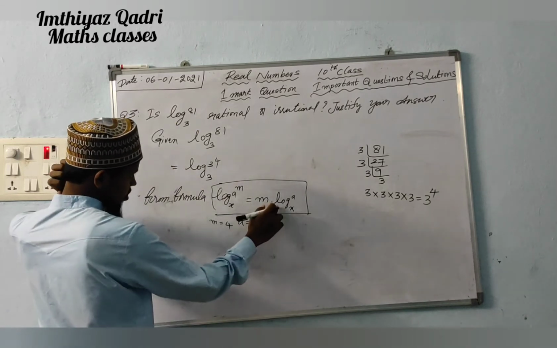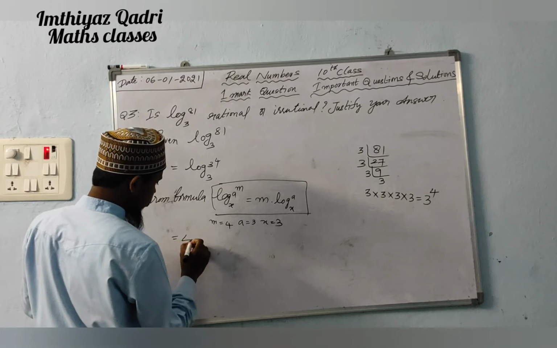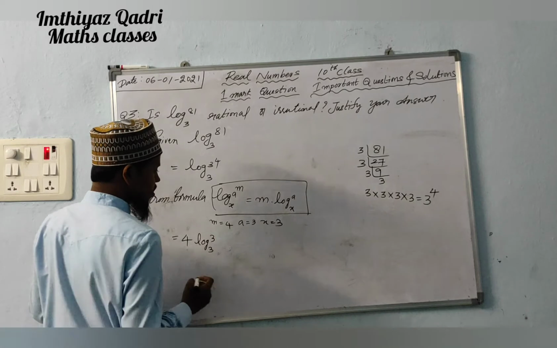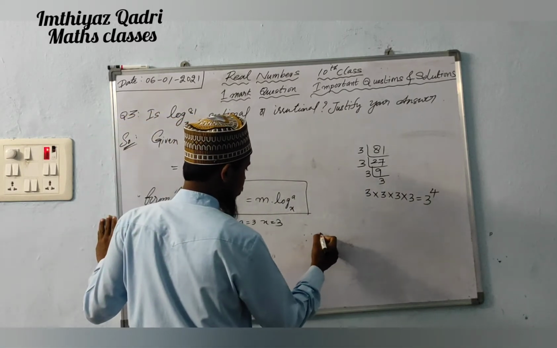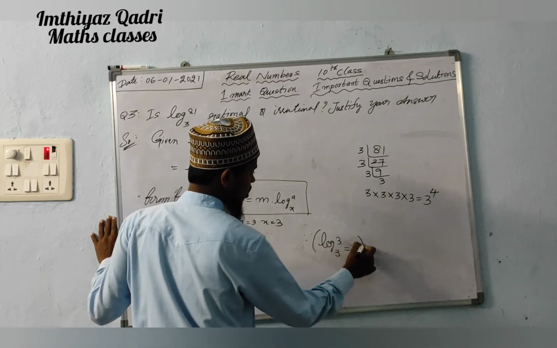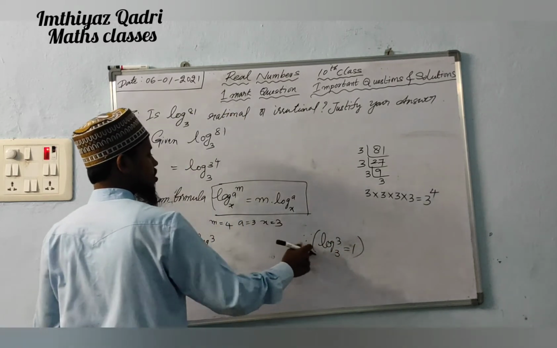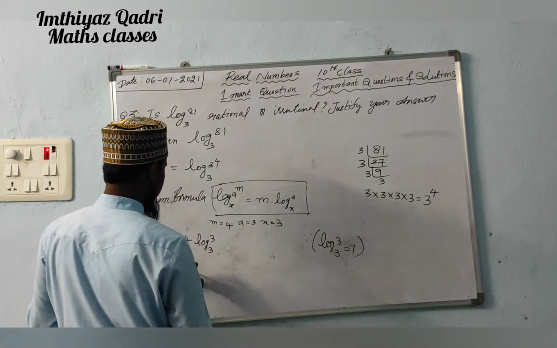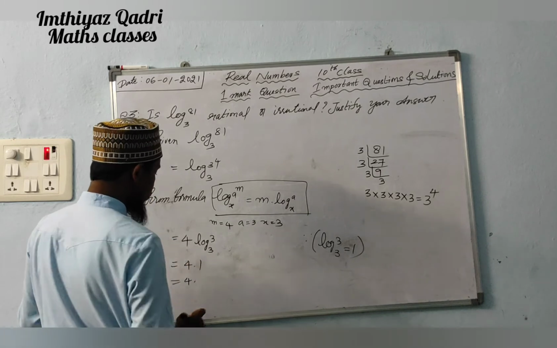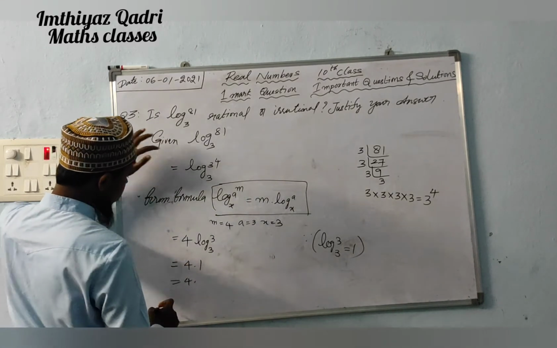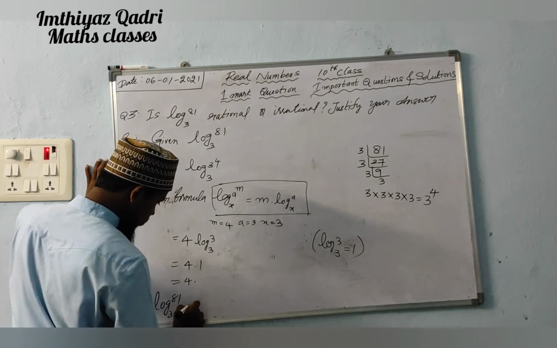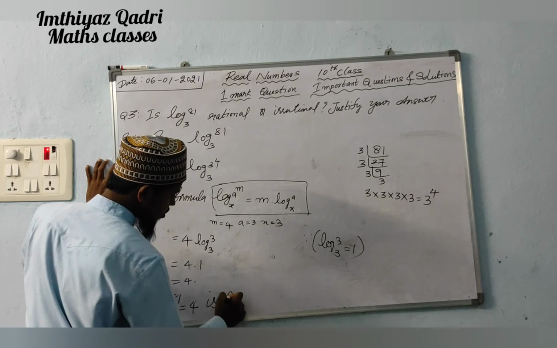Substitute this in this. In place of m, 4 log 3 base 3. Since log 3 base 3 is equals to 1, this is from formula, 4 into 1, 4. So log 81 base 3 is equals to 4, which is a rational number.